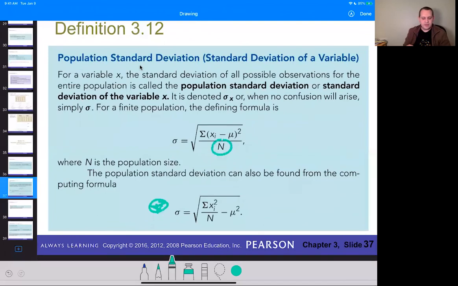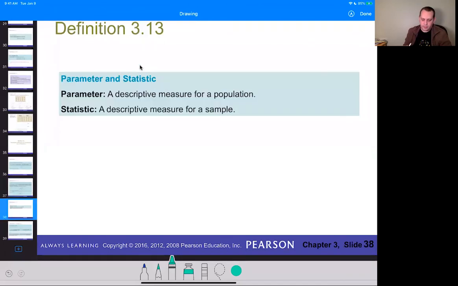I do have to say, again, we do use different letters here. And the last thing that's worth talking about here is a parameter versus a statistic. A parameter is some sort of descriptive measure, meaning a mean, median, mode, standard deviation, range, whatever. And a parameter means that we're talking about a population. A statistic means that we're talking about a sample.